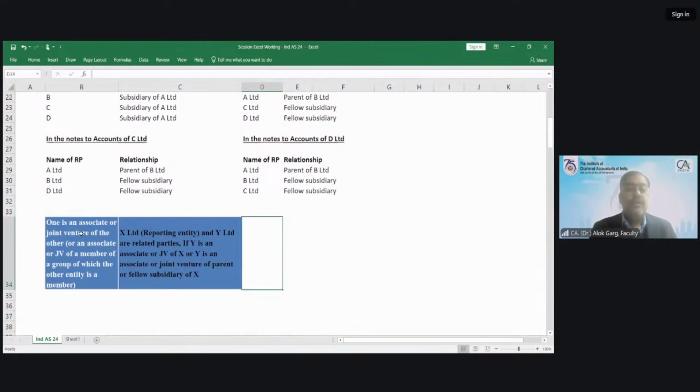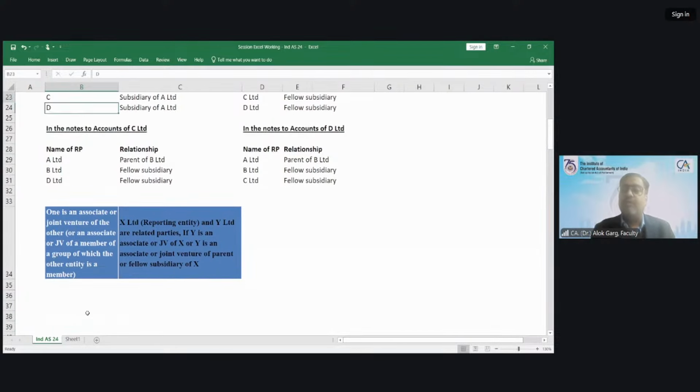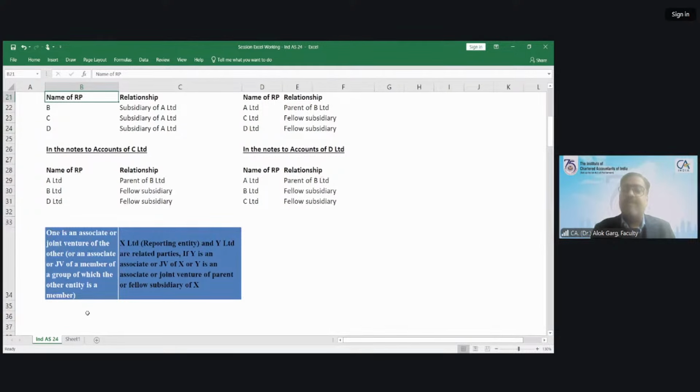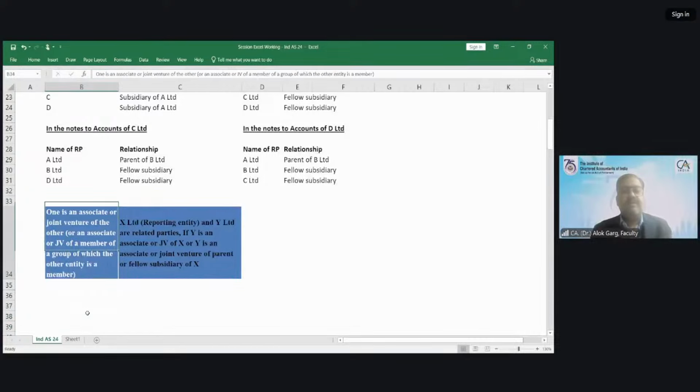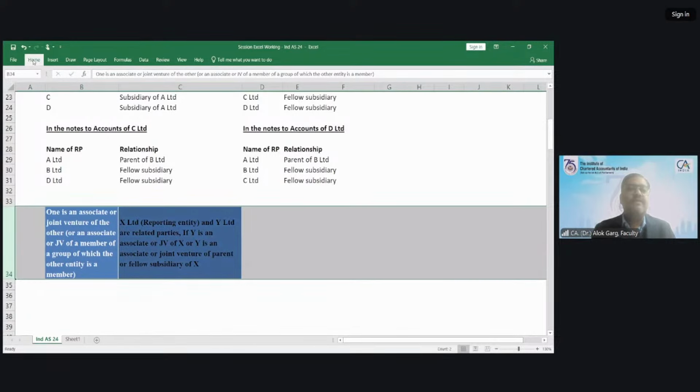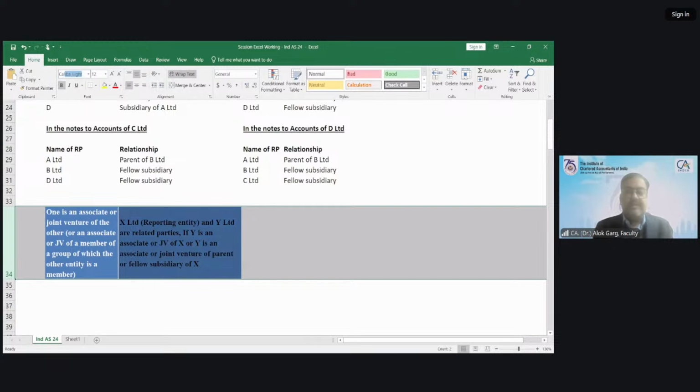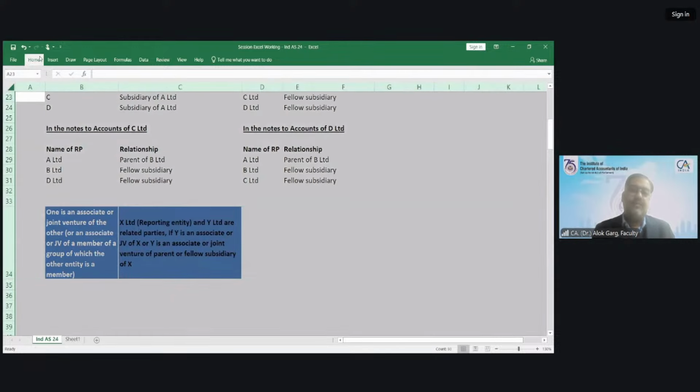One is an associate or JV of the other, meaning of the reporting entity, or an associate or JV of a member of a group of which the other entity is a member. Who are the members of the group? What is meant by group? A group means the parent, subsidiary, and fellow subsidiary. So parent, subsidiary, and fellow subsidiary are considered as a group, right?